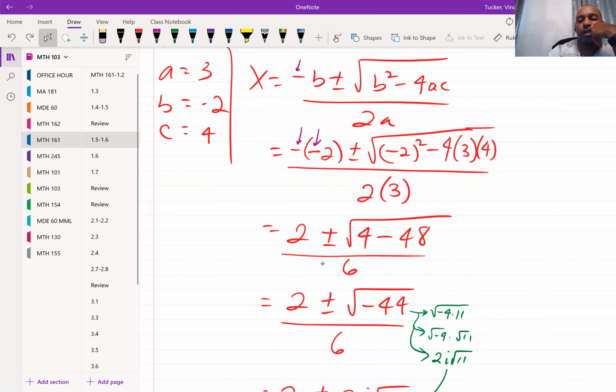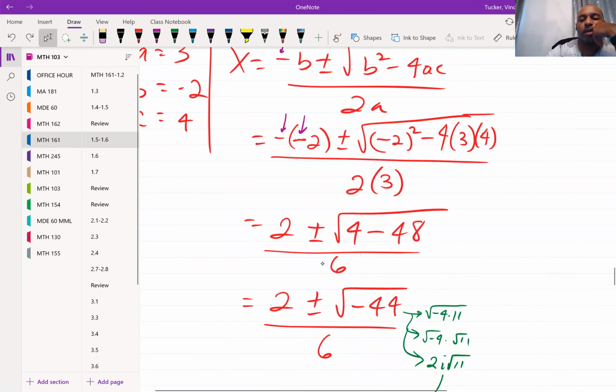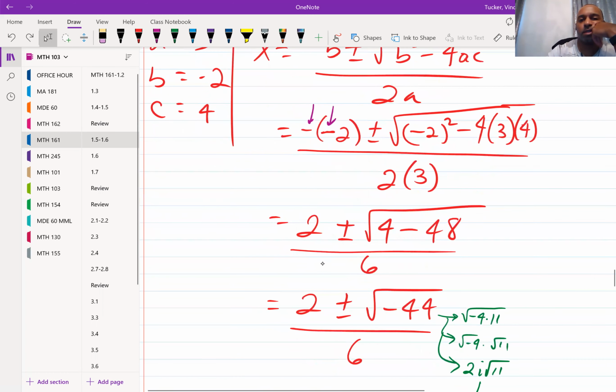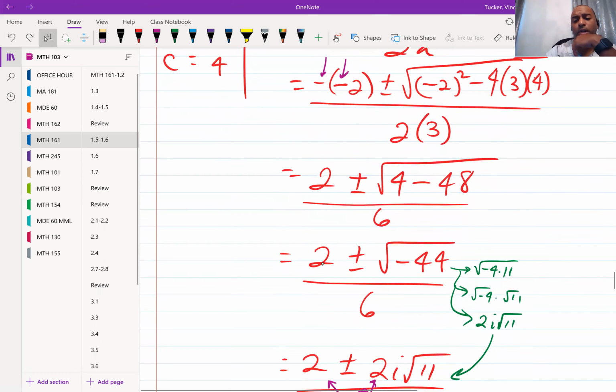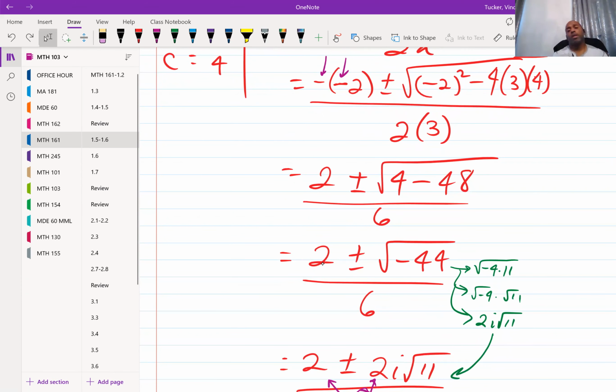And then in the green, I went ahead and broke that up. So once again, you are expected to simplify where possible. So that negative 44 under the radical, I broke it up into negative 4 times 11. Taking the square root of negative 4, that gives me 2i. So that's 2i square root of 11.